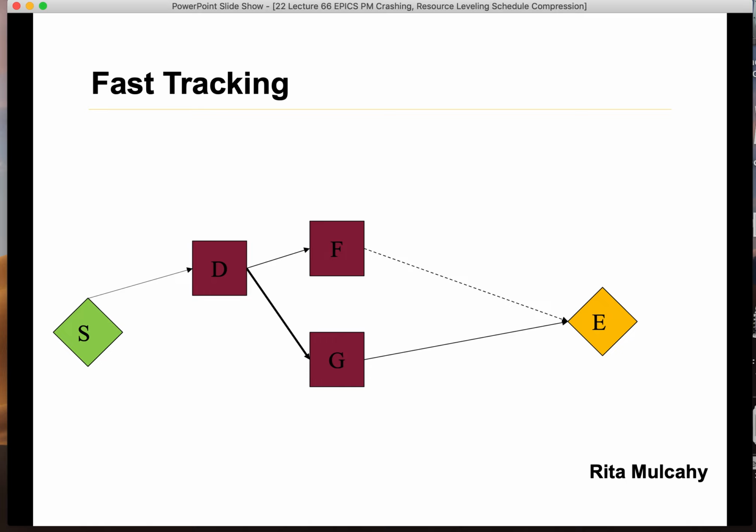If you have resources, experts, engineers, technicians, operators, and if G can start after D and be processed in parallel with F, then you can change your PERT with fast tracking, and now you will save time, correct?